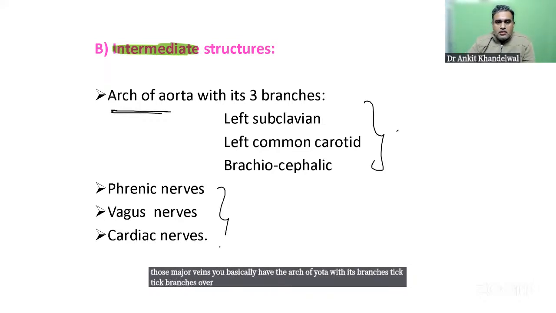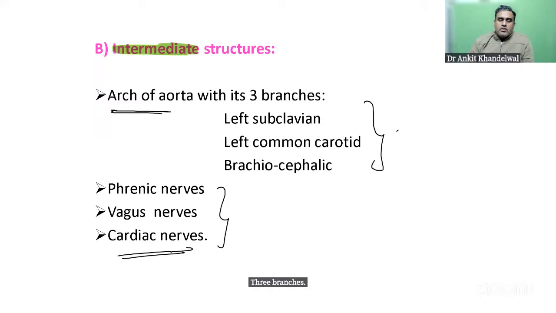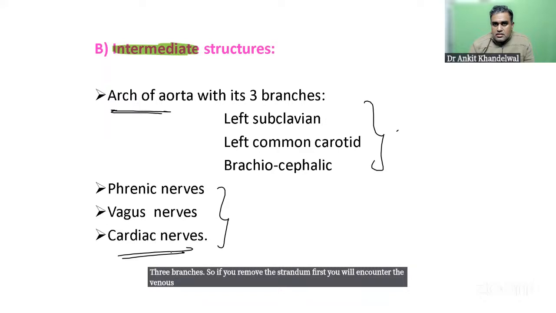Then obviously you have these nerves which are around these artery branches. So if you remove the sternum, first you will encounter the veins. And if you retract the veins, behind the veins, you will see the arch of aorta and its branches.